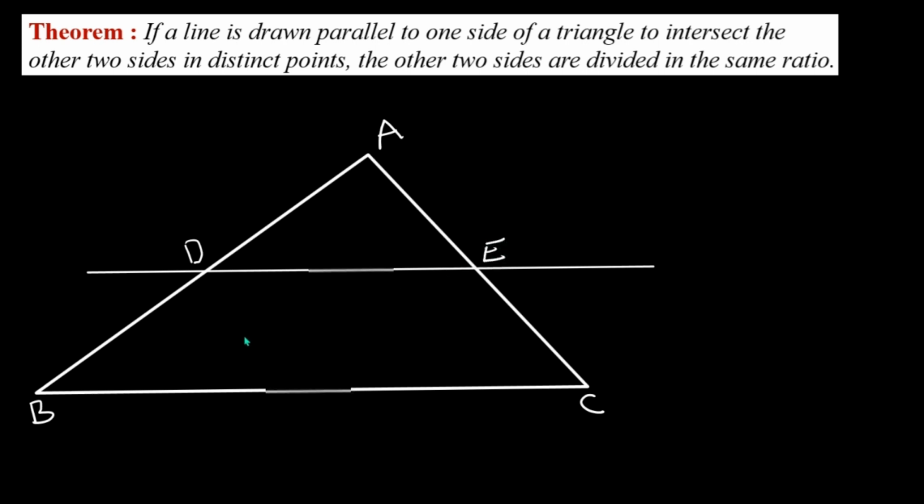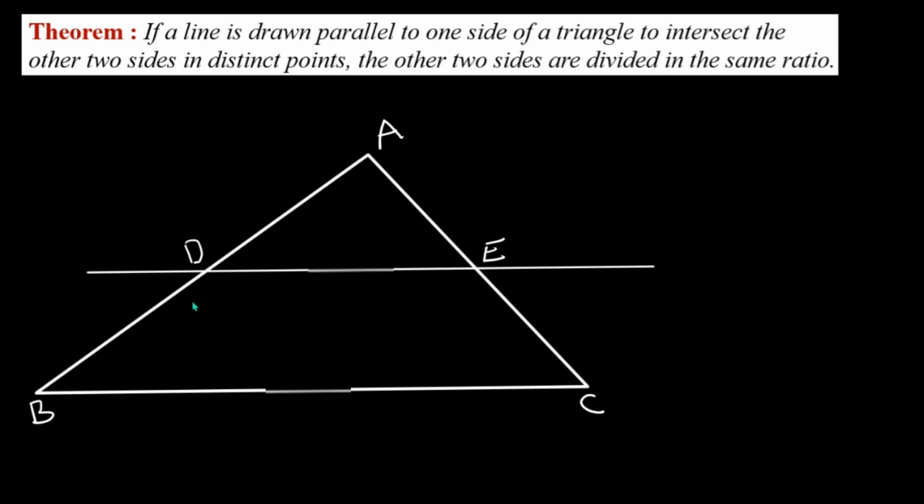So what does the theorem say? If you draw a line parallel to any side, here DE is parallel to BC, it cuts the other 2 sides, AB and AC, at point D and point E. Then it divides the AB line and AC line into the same ratios.